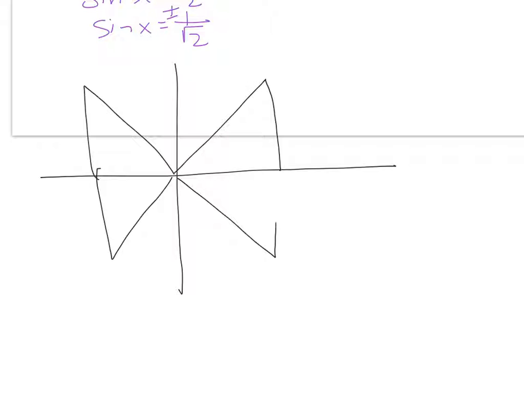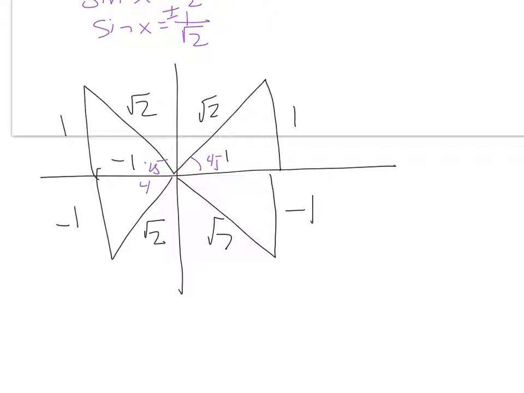If I see a square root 2, that's going to be a 45, 45. So my opposite is positive or negative, and my hypotenuse is square root 2. That means my reference angle is 45 degrees. All of my reference angles are 45.